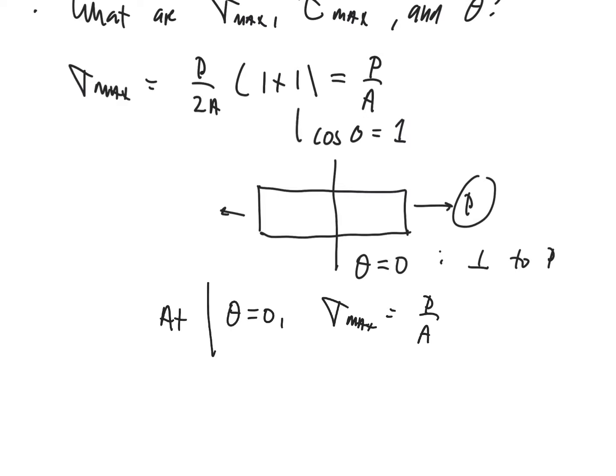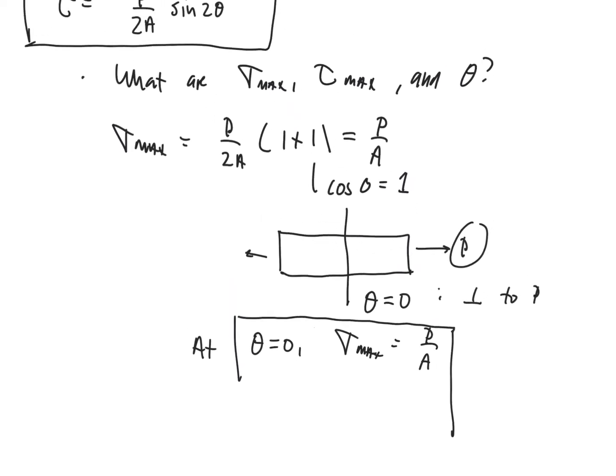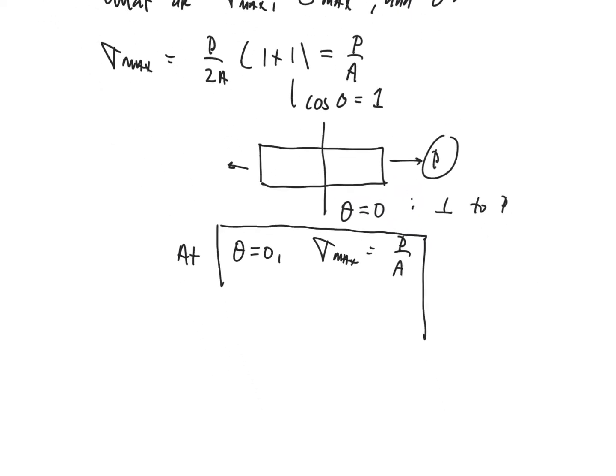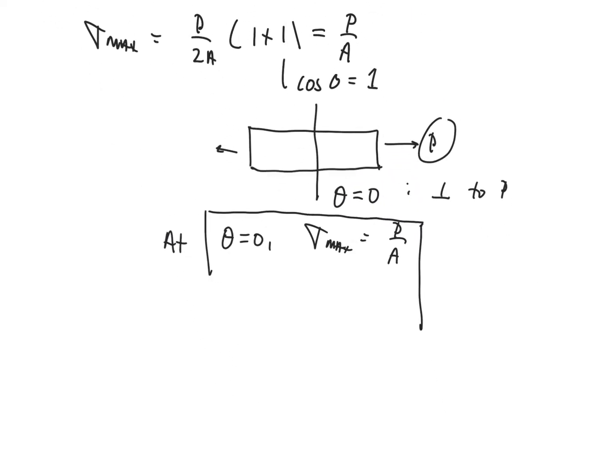Now that I do want you to commit to memory, and actually let's go one step further. What's the value of tau on that plane? So we go back up here and we realize that when theta is equal to 0, the sine of 0 is 0, so there's no shear stress. And that makes total sense. So at theta equal to 0, the value of sigma hits its max at P over A, and we also find that tau is going to be equal to 0.